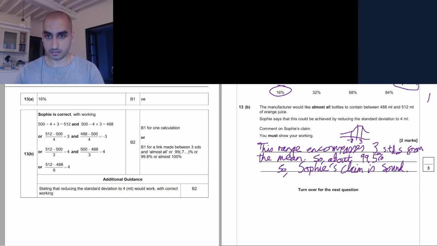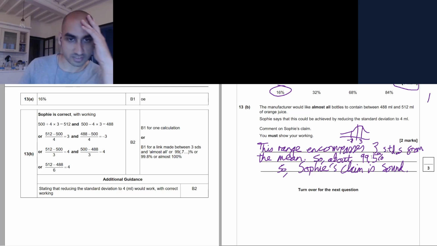And then B... how do you interpret this? So I did get the or. But then... I think that means I only get 1 mark because I did the second part of this or, but not the first.